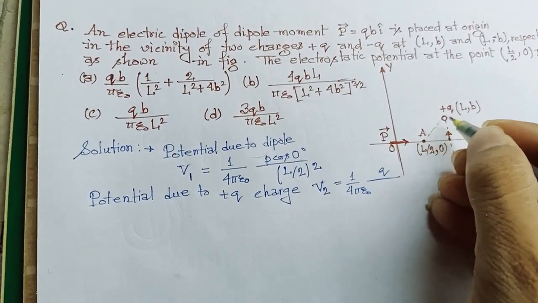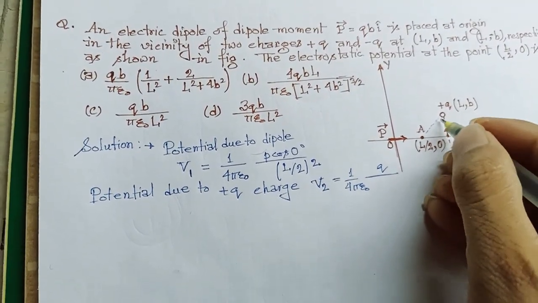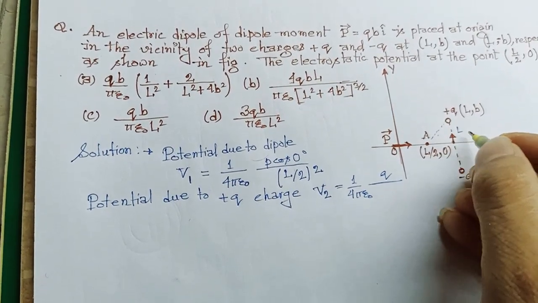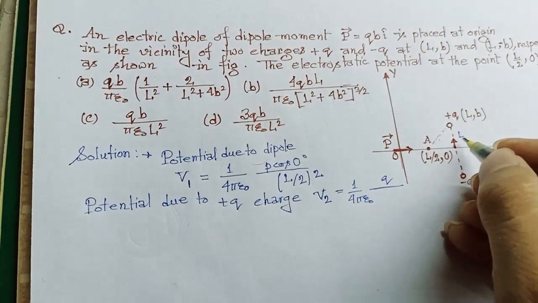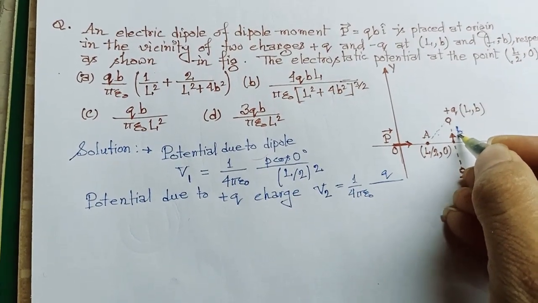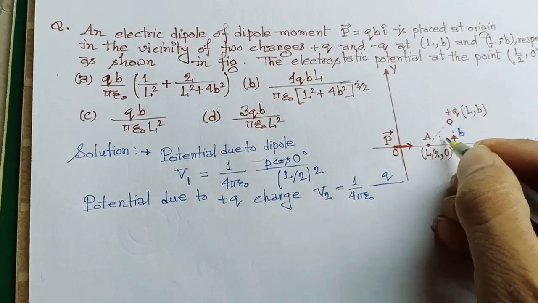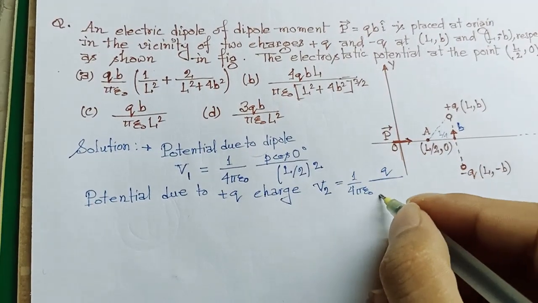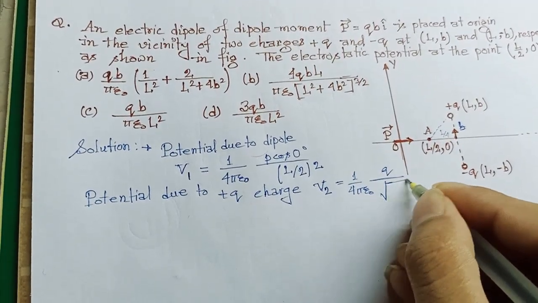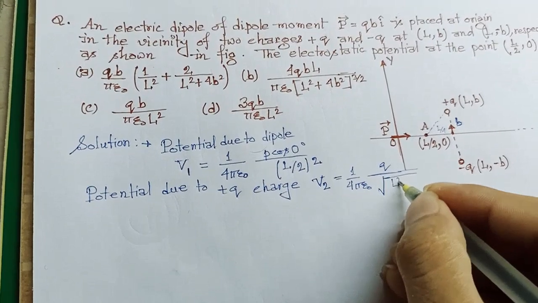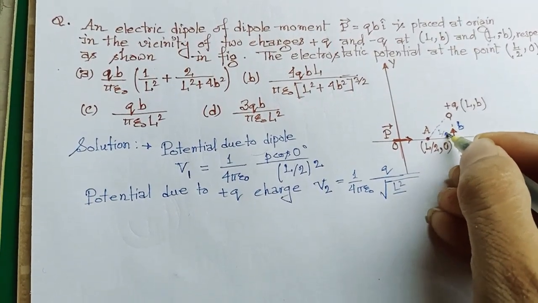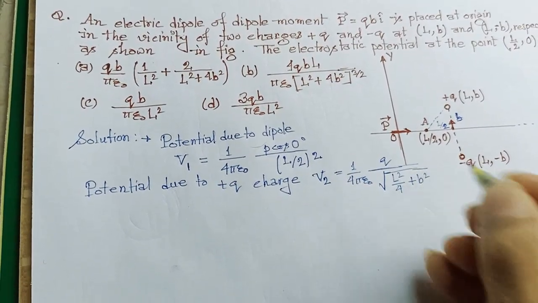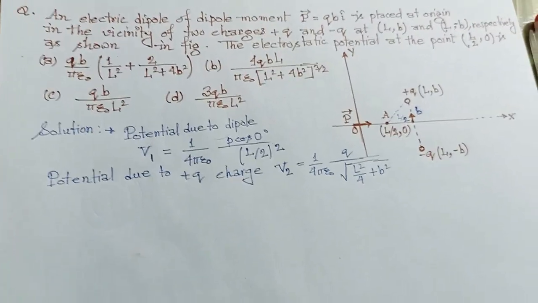From the figure, we see that this distance is L divided by 2 and this distance is equal to b. So the diagonal distance will be equal to under root of L square divided by 4 plus b square. So this is our potential due to charge plus q.